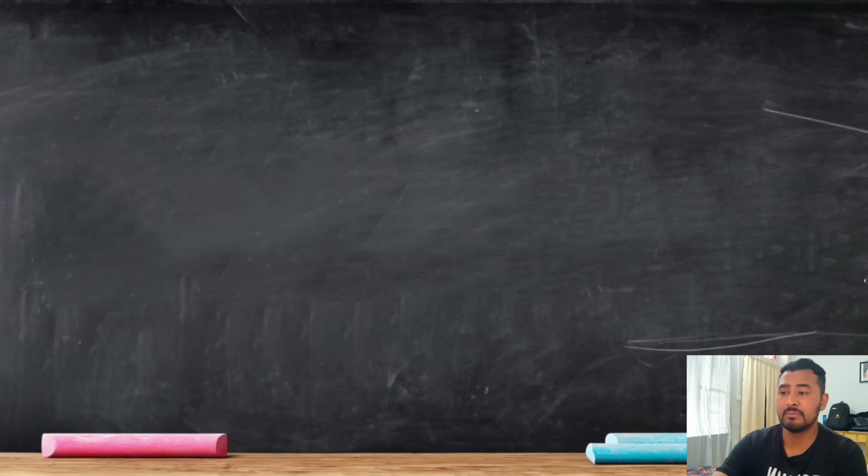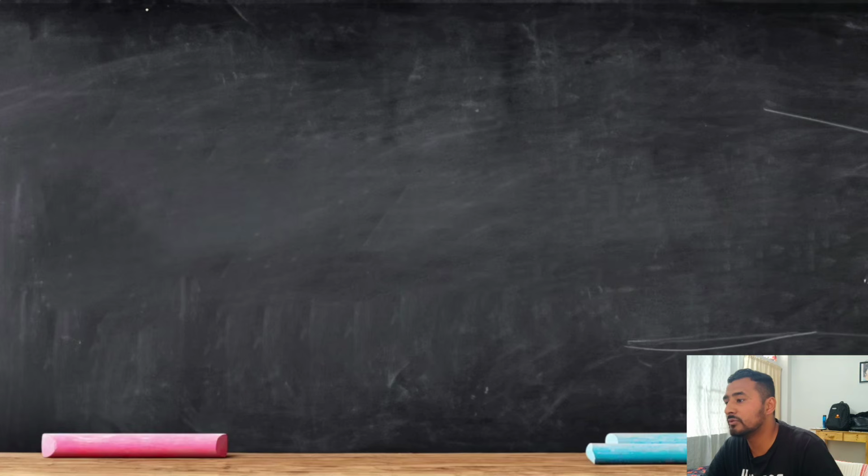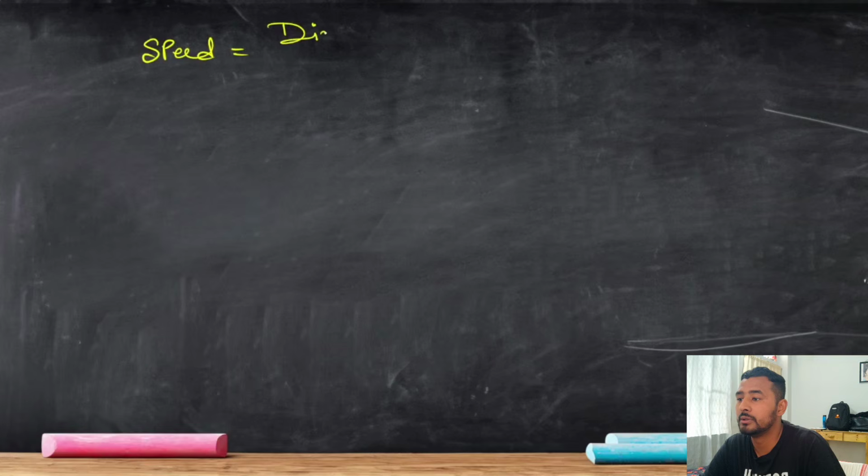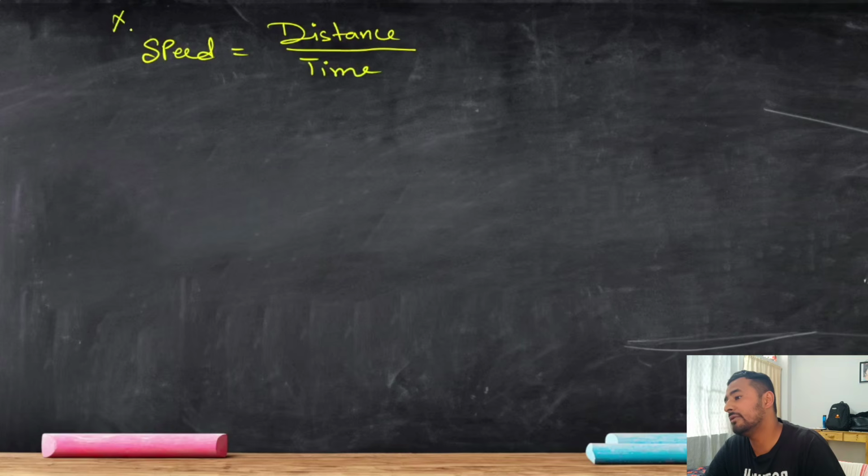So let us see some of the formulas which we'll be using in this topic. The first one you should understand is speed is equal to distance by time. So whenever we need to find the speed, we can use this formula, that is distance divided by time. Suppose we need to find the time.